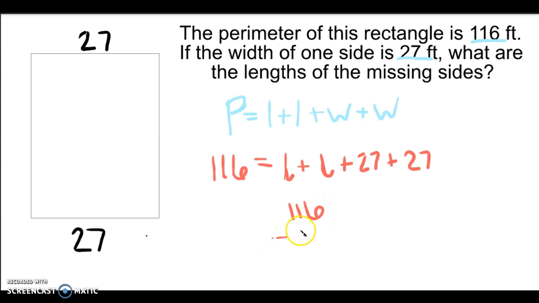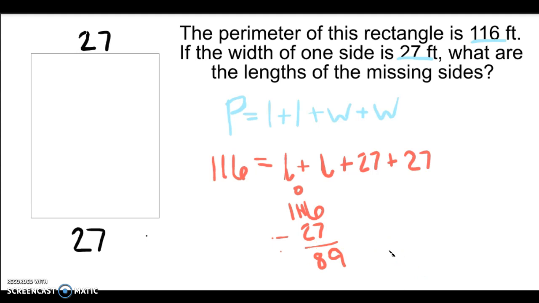I'm going to subtract 27. So if I subtract 27, my subtraction and addition is going to get a little messy here, but I think you'll be okay. All right, so 116 minus 27 is 89.